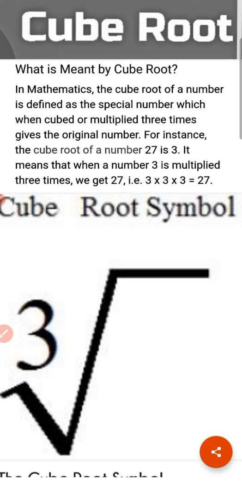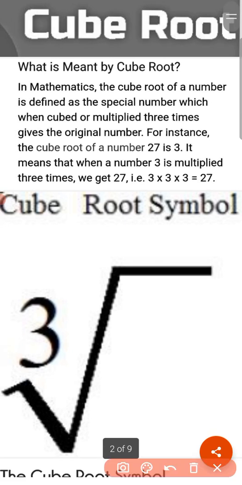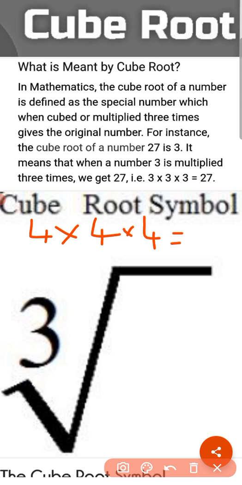That means, children, 4 into 4 into 4 is equal to 64. That is, 4 cubed is equal to 64.